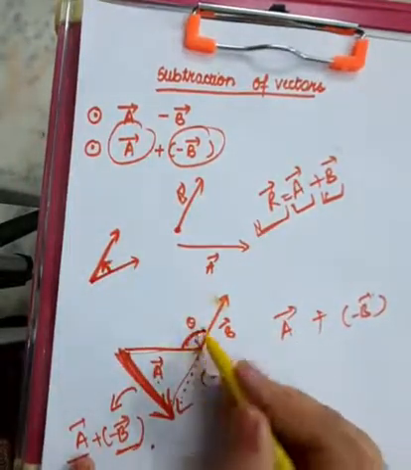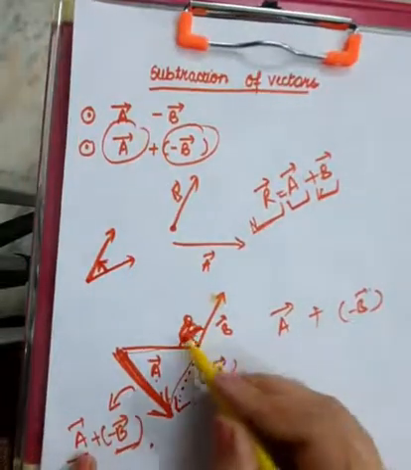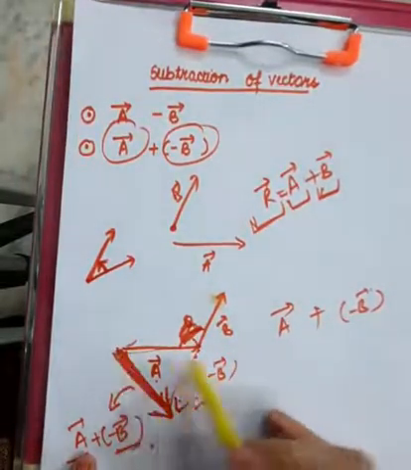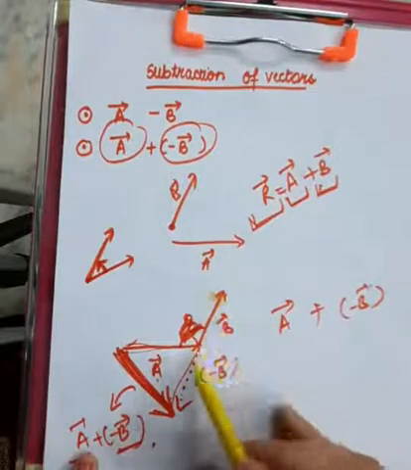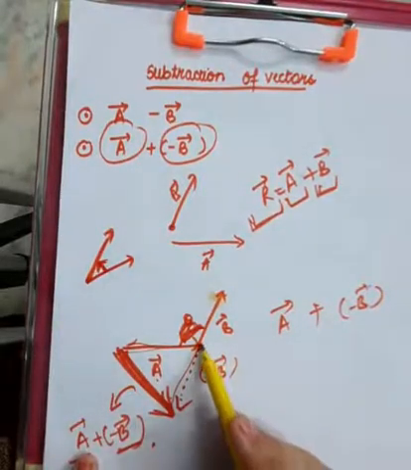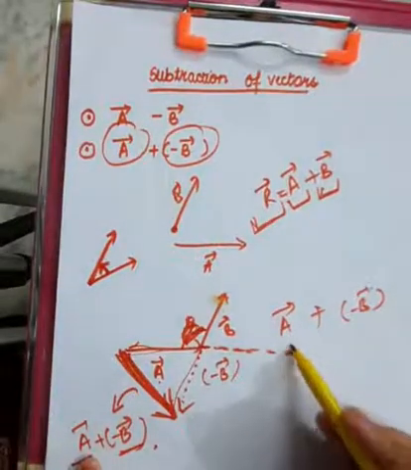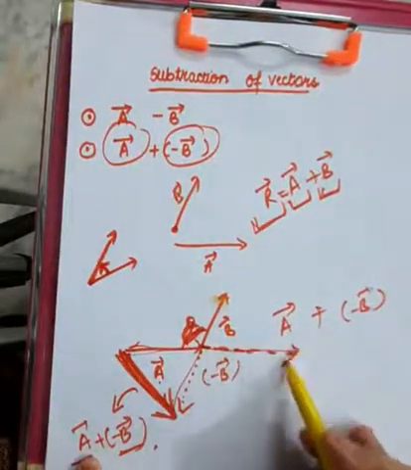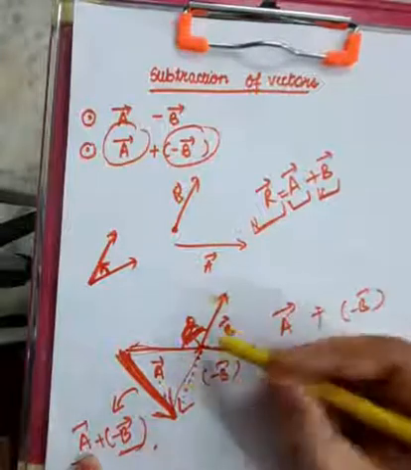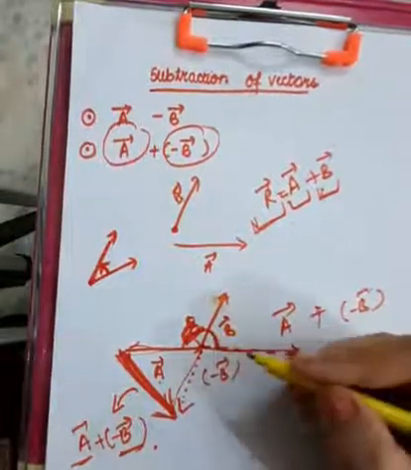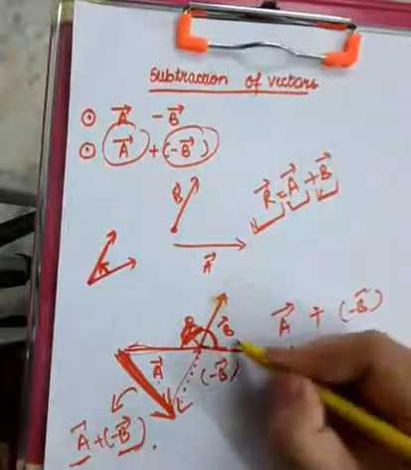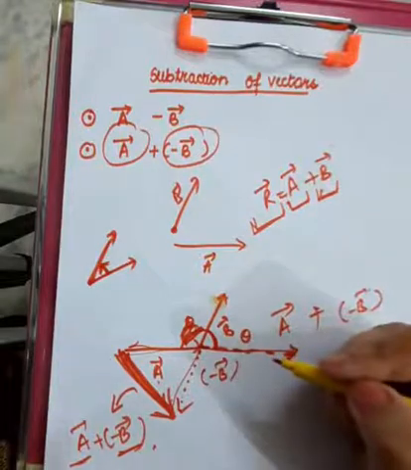Here I have measured the angle wrongly. It's not the angle between A and B, because here A and B are not the two rays emerging from the same point. So I will produce A. Now A vector's direction, B vector's direction. And this will eventually be the angle between A vector and B vector. And let us suppose this is theta.